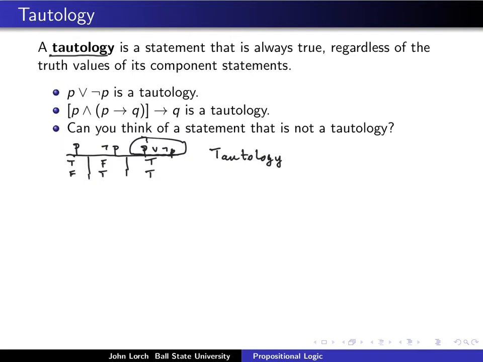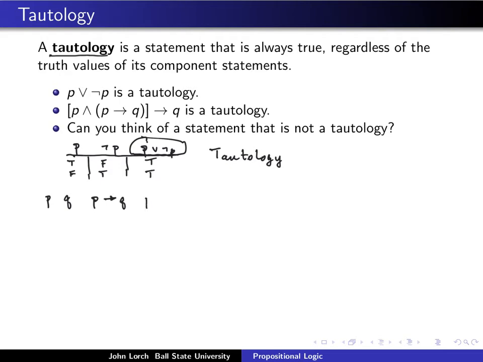Okay, now what about the second bullet point? Well, this is a more involved statement, and actually it's a rather famous and useful statement, as we shall see in a little bit. Let's analyze that statement. So here our basic components are P and Q. If P, then Q also plays a role in this.